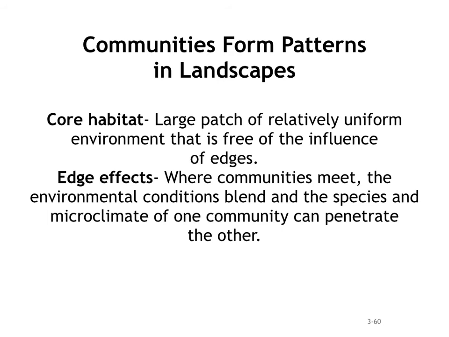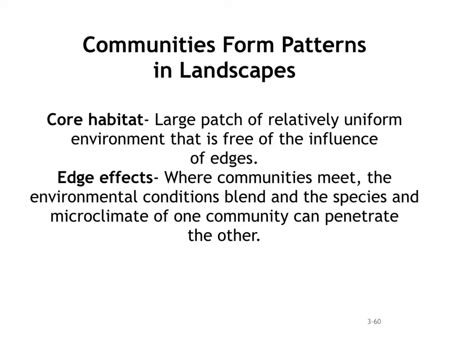Most landscapes exhibit patchiness in some way. The largest patches might contain core habitat, a relatively uniform environment that is free of the influence of edges. Often we consider generalist species to occur on edges, while many specialists may require the more consistent conditions of core habitat.